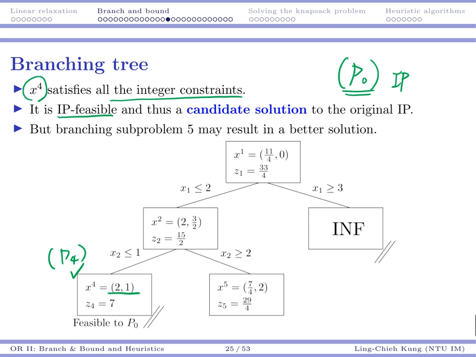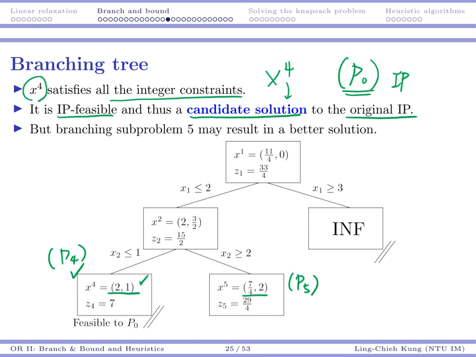So x4 now serves as a candidate solution to the original integer program. It is good, but maybe it is not optimal, because here we have subproblem P5. It is fractional, so we need to do something else to solve P5 to see whether it is going to generate a solution that is even better than x4. That's something we need to do.